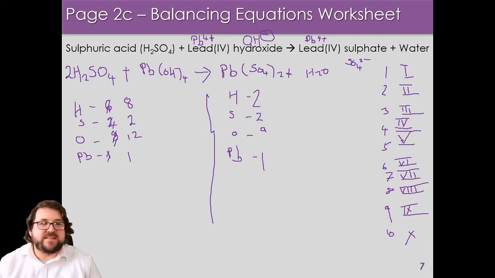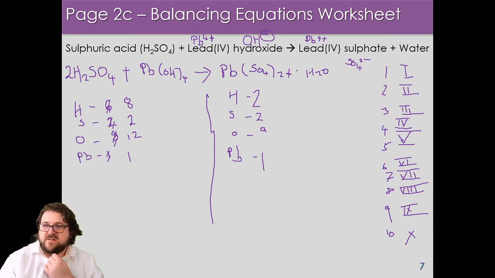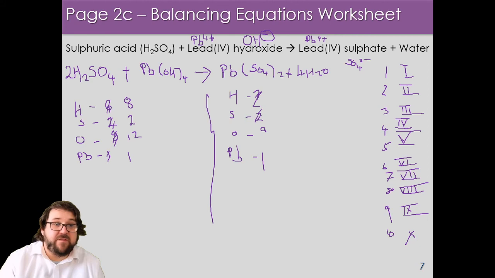Okay, so let's balance these hydrogens. I have 8 on the one side and 2 on the other side. So if I want 8 hydrogens now, on the right hand side, I'm going to have 4 water molecules, aren't I? 4 water molecules. So again, I'm going to update everything just to be sure that it's all balanced.